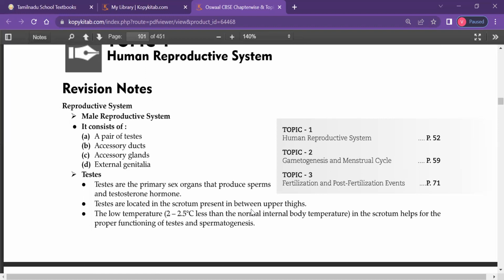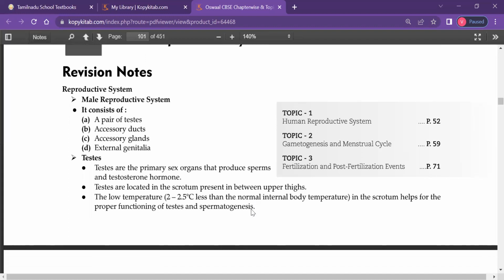When the temperature is really high, the testes can't produce strong sperms. So people who work in a hot environment or near machines, where the place is very hot, can't produce very strong sperms.